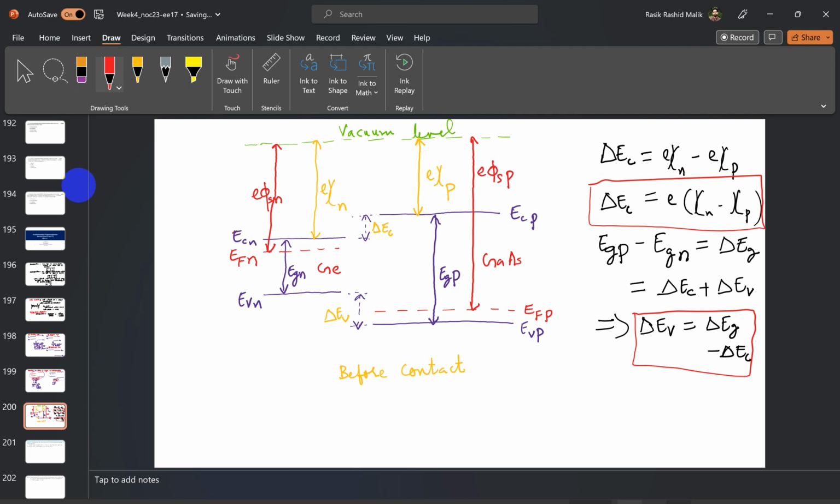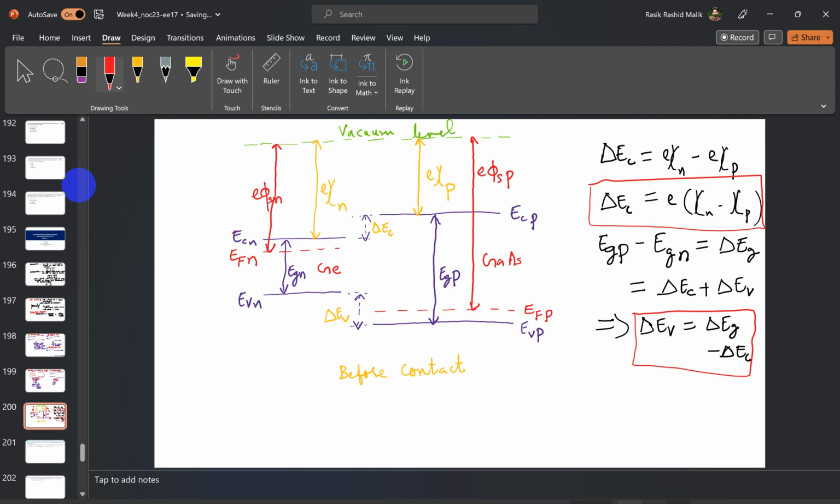Now we will draw the case of thermal equilibrium, where these Fermi energies will be aligned. If we have to match the two Fermi levels, what will happen at the interface? The electrons from the n region, the narrower band gap region, will move towards the P side, and the holes from the P side will move towards the n side.